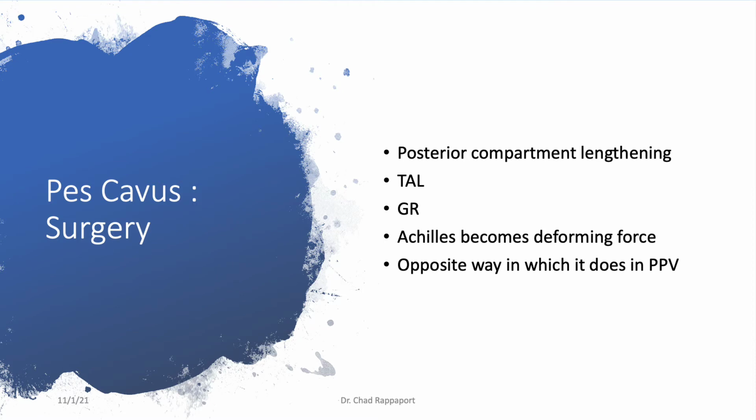A posterior compartment lengthening, either in the way of a TAL or a gastroc recession, should be considered in these patients, and not so much because of an existent equinus contracture, which truly limits ankle range of motion, but just as the Achilles can be a deforming force in a valgus hindfoot, so can it be in a varus hindfoot.